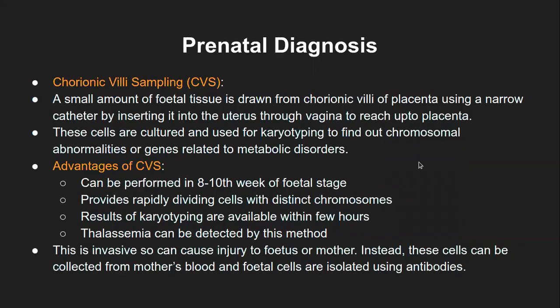out using a narrow catheter, by inserting it into the uterus through the vagina to reach up to the placenta. So from the vaginal side, the catheter is inserted inside the uterus until it reaches the placenta, and then from there a small portion of the tissue is taken out, and then again these cells are cultured and they are used for karyotyping, that is identifying the chromosomal structure or abnormalities and the genes related to the metabolic disorder.